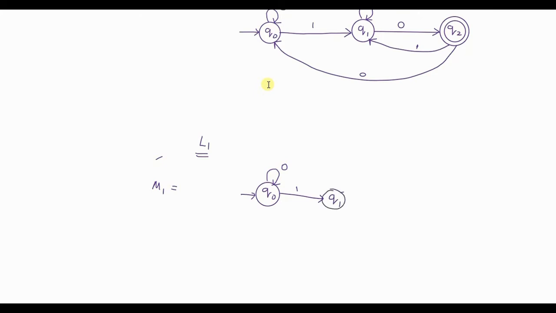Then Q1 on 1 goes to Q2, and assume that Q2 is the final state. Now Q2 on 0 goes to Q1, and Q2 on 1 goes to, suppose, Q0. Suppose this is the automata given to us.